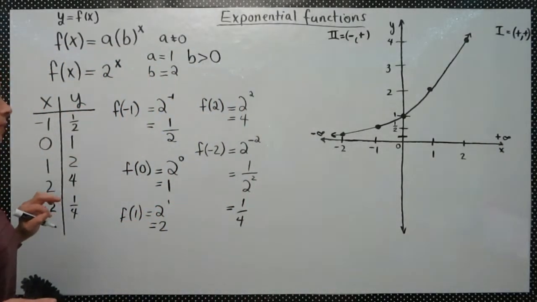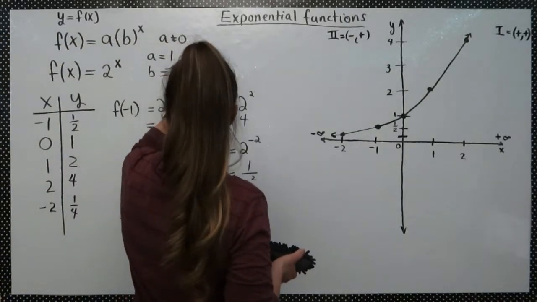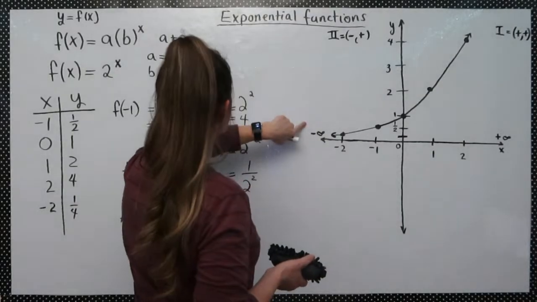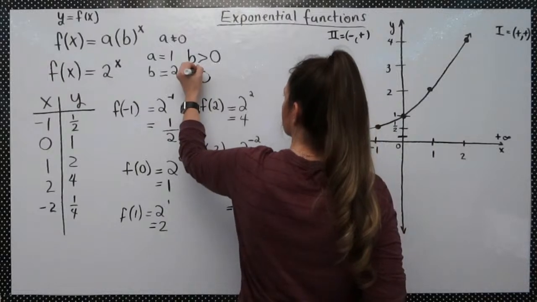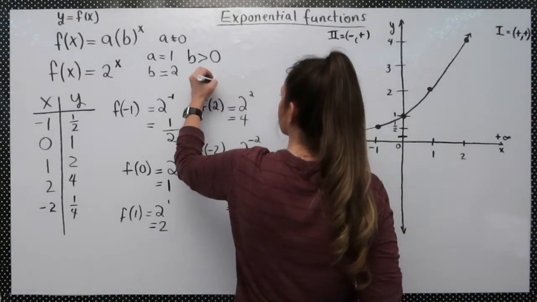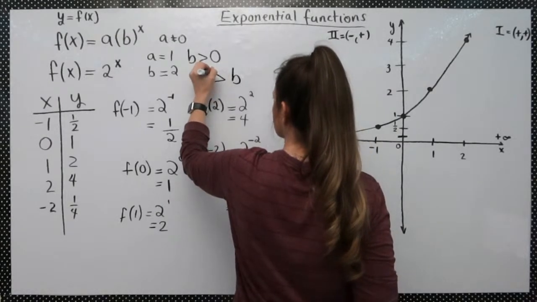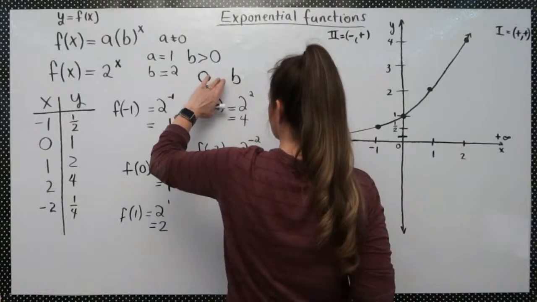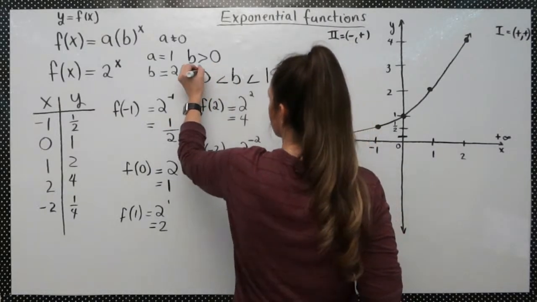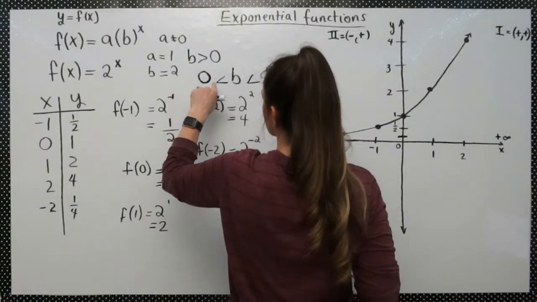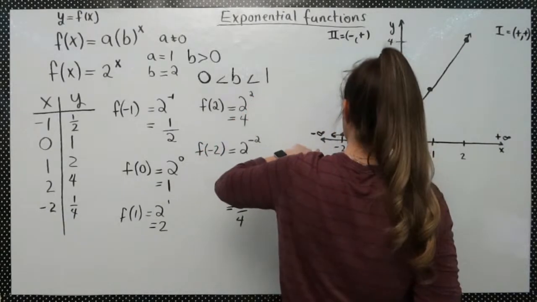But what happens to the graph when b is between 0 and 1? So when b is between 0 and 1, what happens to this function?